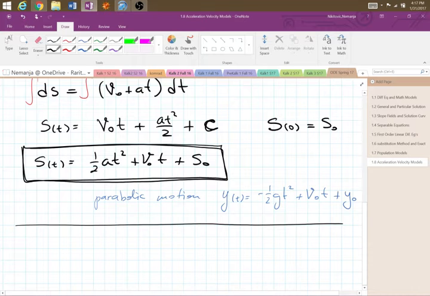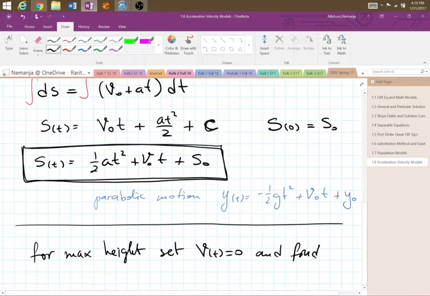What happens at the maximum height? Velocity is equal to 0, yeah. So for max height, set v of t equal to 0, and find the time t at which it occurs, and then you can plug that t in the last equation, s of t, to find what that height actually is. So all of the stuff that you learned before still stands across the whole thing.